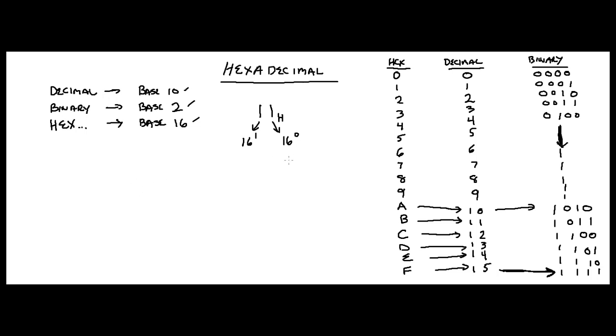So this right here is equal to 1 times 16 to the 0. And this one right here is equal to 1 times 16 to the 1. We're adding them together. So this is going to be 16 plus 1, which is equal to 17 in decimal, or base 10, right?